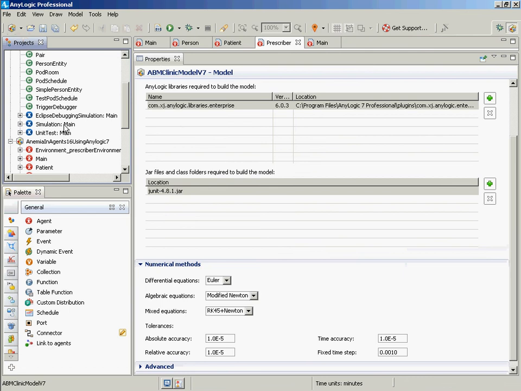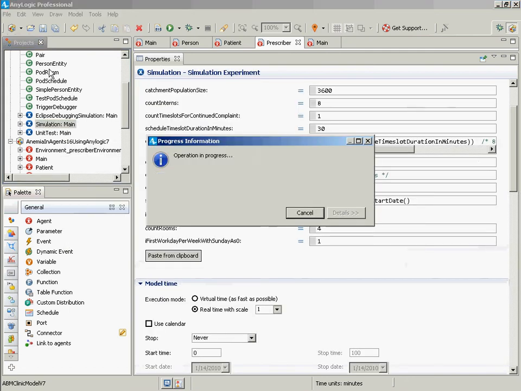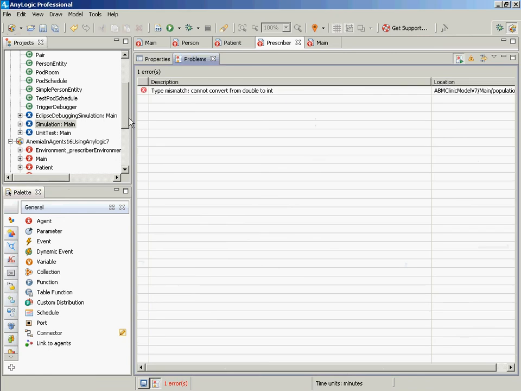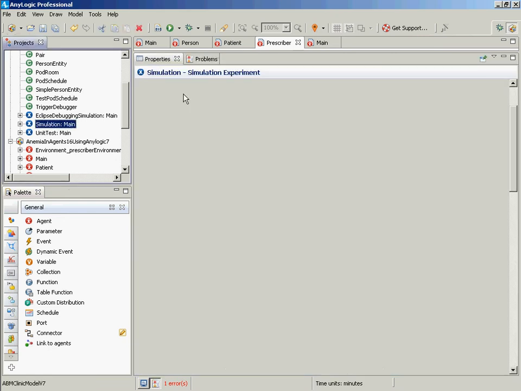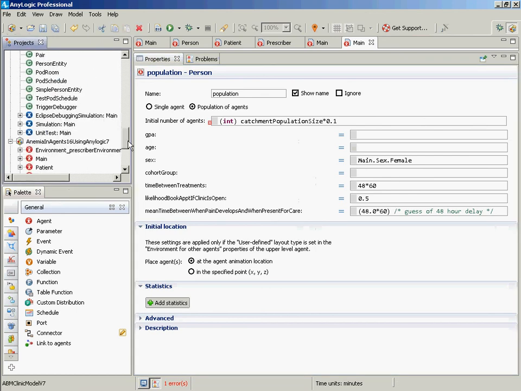Okay, and there we go. Okay, initial number of agents is from double to int. Oh, of course. Yeah. I'll just see if I can run this.